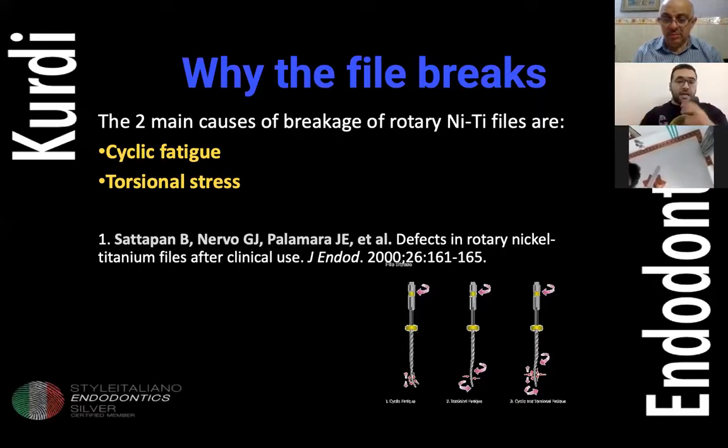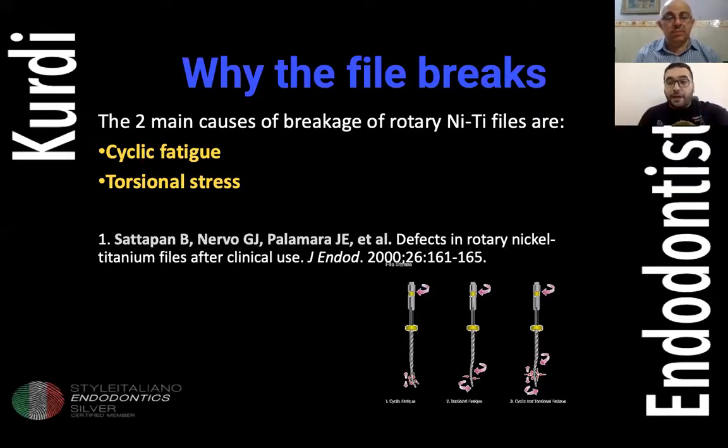Cyclic fatigue is mainly due to overuse, and this happens due to too much cyclic stress beyond the cyclic fatigue limit of the file, and that's why it breaks. Simply, when we were kids, we could take a metal rod and try to bend it until it breaks. This is cyclic fatigue simply.